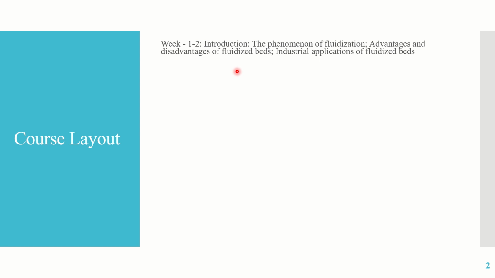But there are certain disadvantages as well, like the attrition of the particles, thereby leading to particle loss. Industrial applications of fluidized beds include catalytic reactions and biomass gasification. So, in industry, we can find a very wide range of uses for fluidized beds.